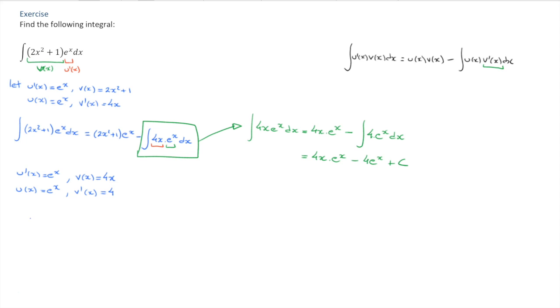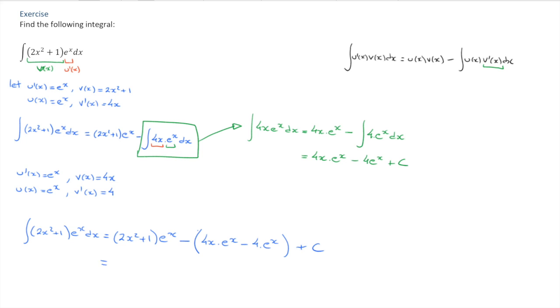The integral of 2x squared plus 1 e of x is equal to 2x squared plus 1 times e of x minus all that result we have there in green. So minus, I'll write it all in parentheses, 4x times e of x minus 4e of x, and we'll write the c outside the parentheses, a completely generic constant there.